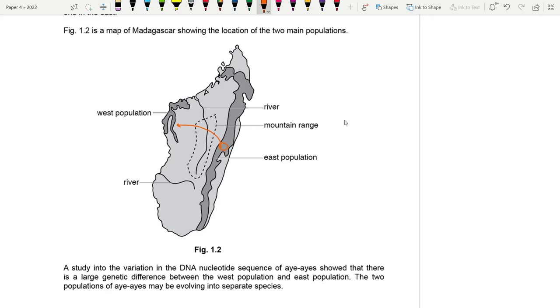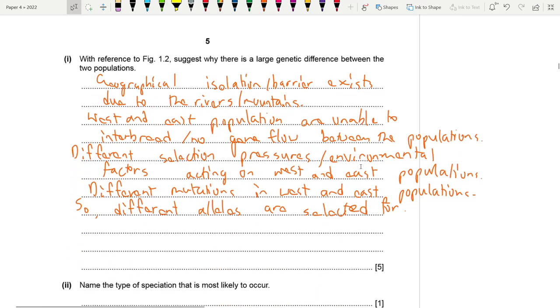There was a question like this in the February March 2022 variant, where a small proportion of the recessive population was taken to a small island, and the recessive population became the dominant part of the main population. So that's genetic drift.